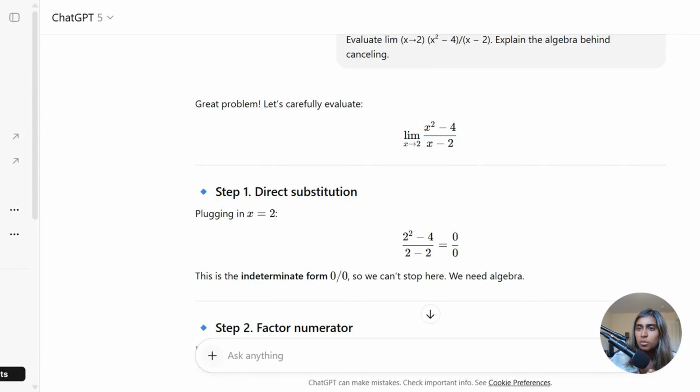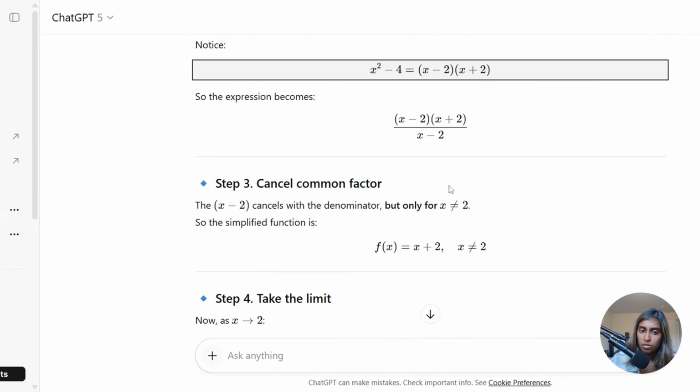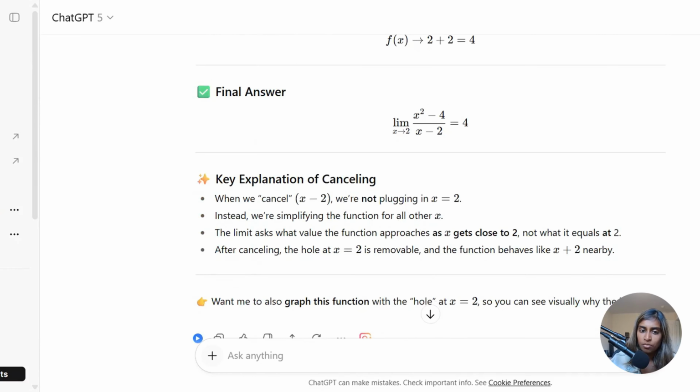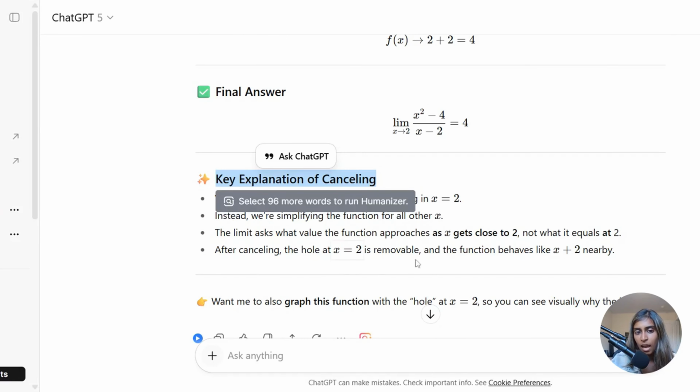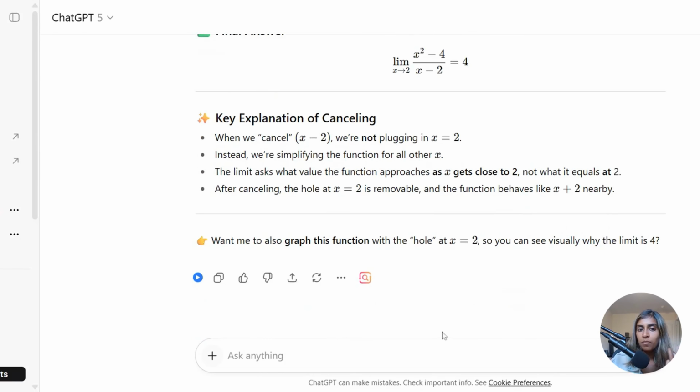So just ask ChatGPT, why does that work? And again, trying to go deeper will really help you understand everything a lot better. So it's giving you the substitution and everything, the final answer, and then it gives you the explanation. So when we cancel it, that happens, that happens. It really gives you the answer as to why this is working.